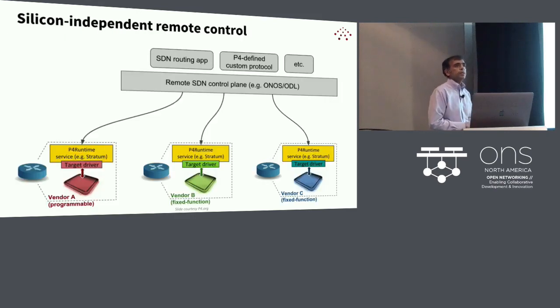So how do we put all of these together? Let's say you have a programmable ASIC and a fixed pipeline ASIC from two different vendors. I'll tell you what the Stratum agent is in a moment. But the Stratum agent runs this P4 runtime service and talks to a generic controller such as ONOS, which is hosting some of the applications that your network would like to run.